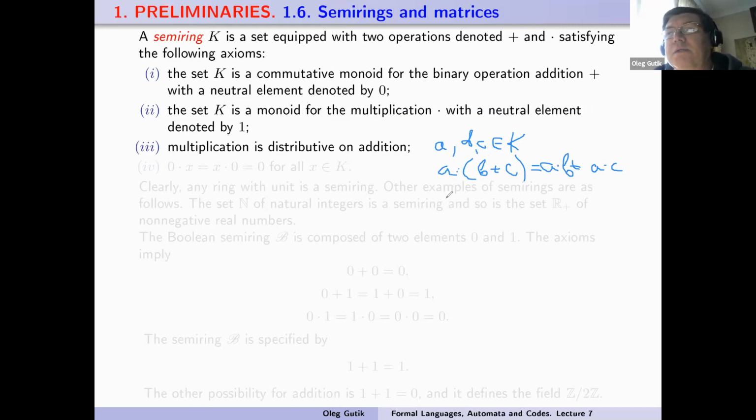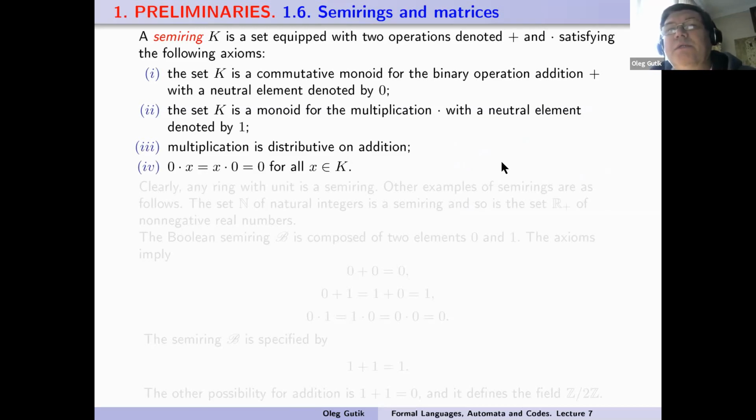And we have that (B plus C) dot A is equal to BA plus CA. Also we have that 0 dot x is equal to x dot 0 is equal to 0 for all elements x from K.